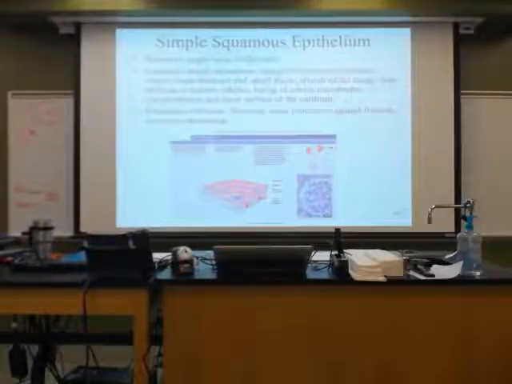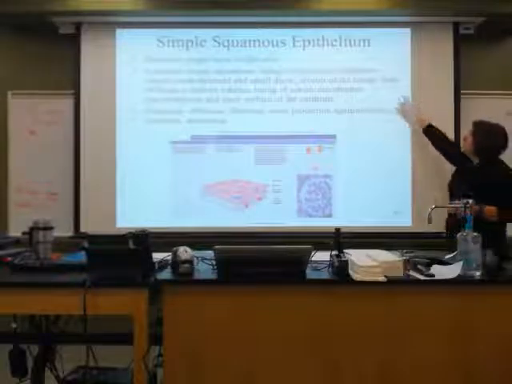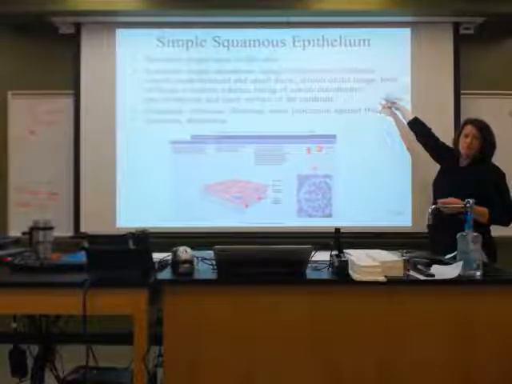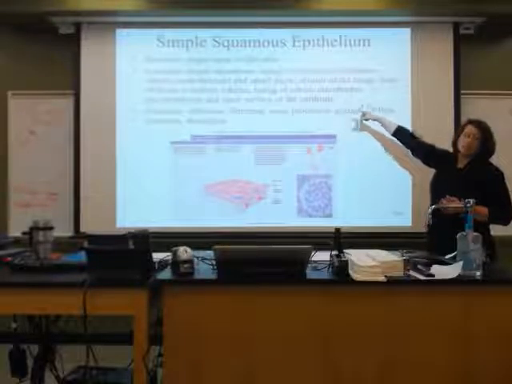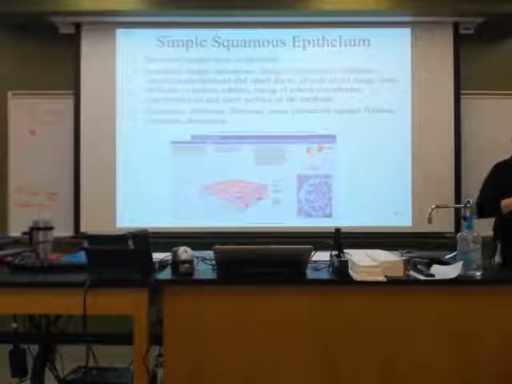And simple, one layer, squamous, telling us the fried eggs, okay? That layer of the flat cells. This is telling us where we're going to find it. Blood and lymph vessels, small ducts, not quack quack, okay?